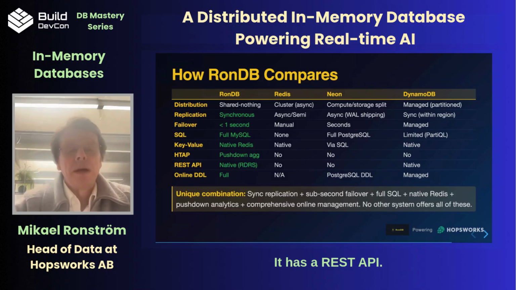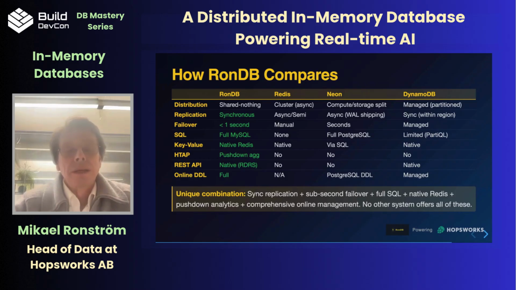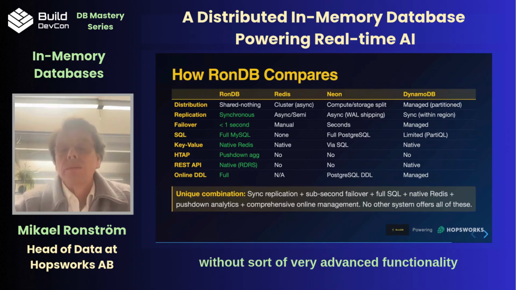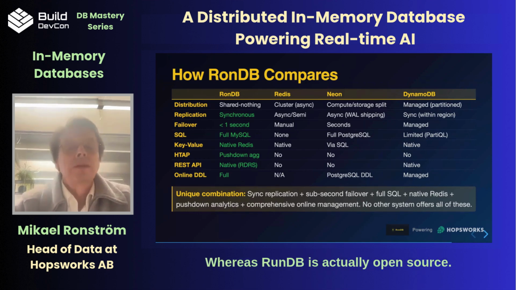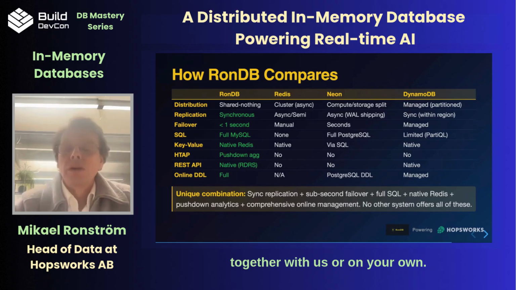It has a REST API, and it can do online DDL. So for example, Redis is a good key lookup thing, but there are no analytical queries. You have DynamoDB. It's again a key lookup without very advanced functionality on the query side, and it also is quite expensive. Whereas RonDB is open source, and you can use it together with us or on your own.